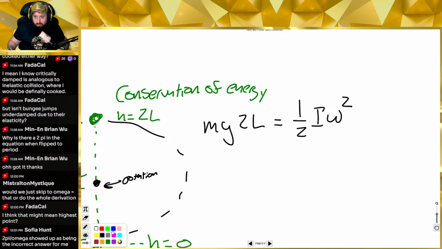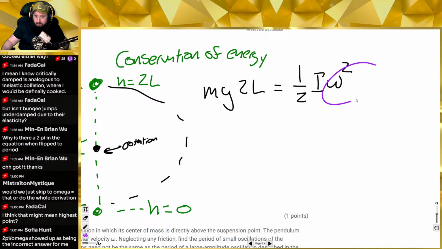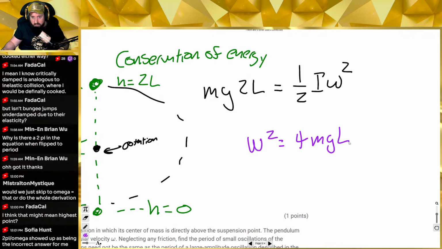So if we now solve for omega here, let me see. Is anything going to cancel? I get omega squared is equal to 4 mgl, right?